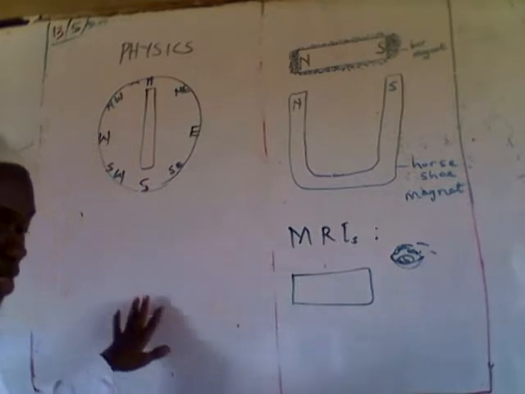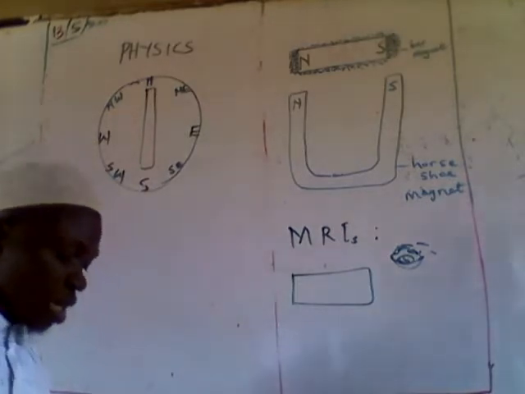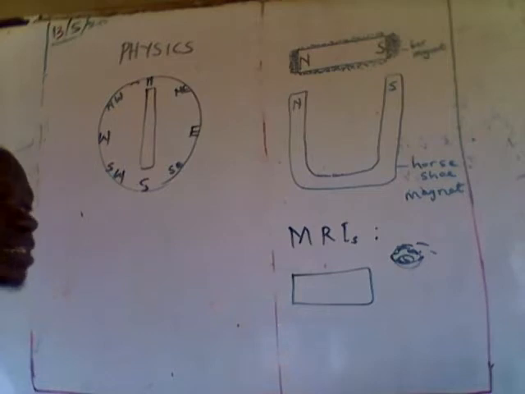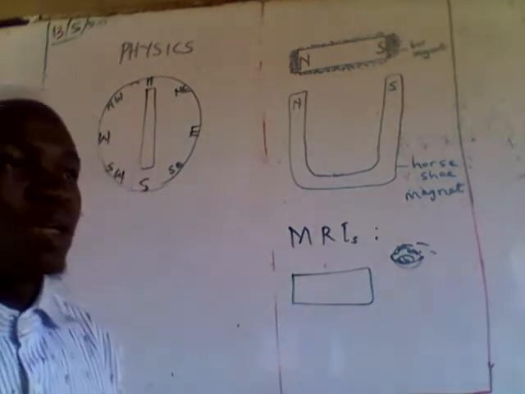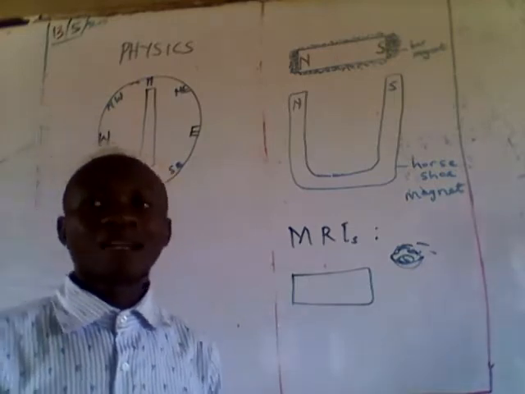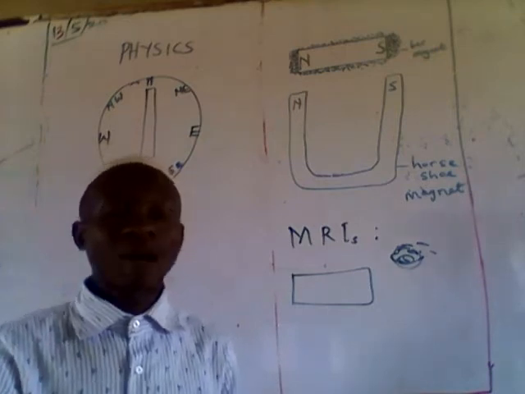I think you get the illustration now. So we also talk about magnetization and demagnetization. Now, what do we mean by magnetization? Initially there can be some material that is a magnetic material, that is, it can be attracted by a magnet.